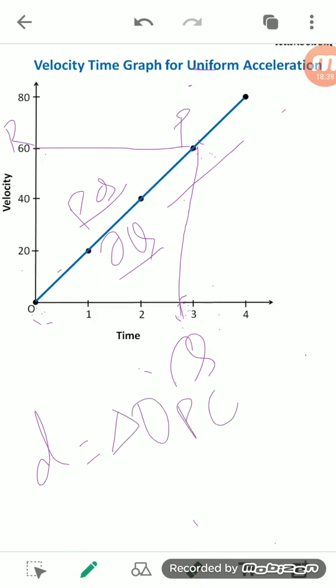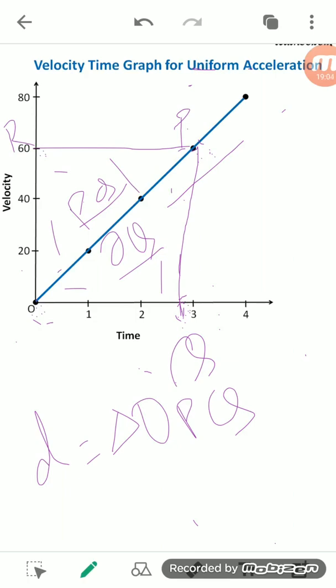You see here, this OPQ is actually half of this rectangle ORPQ.